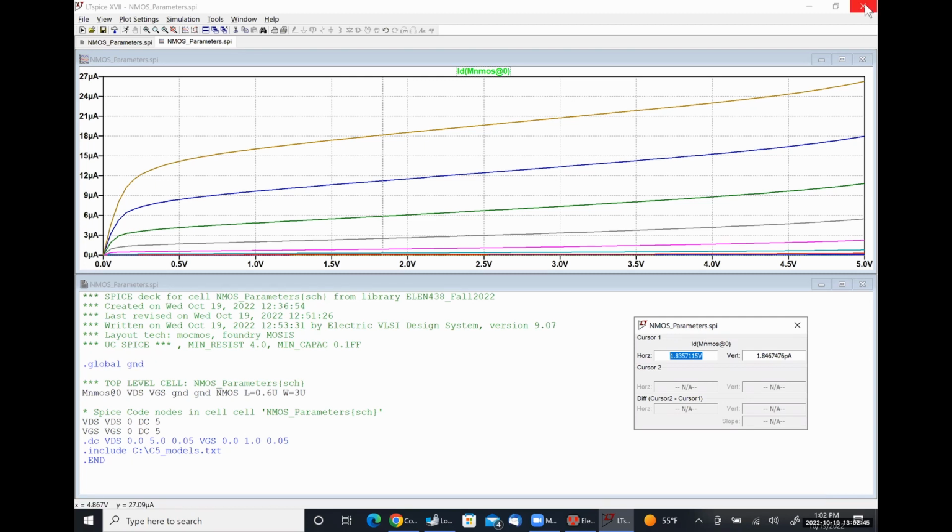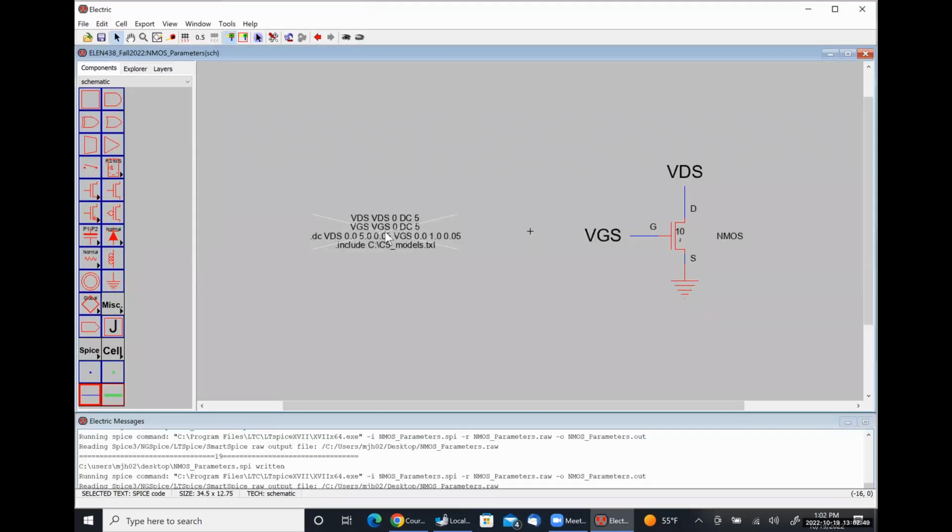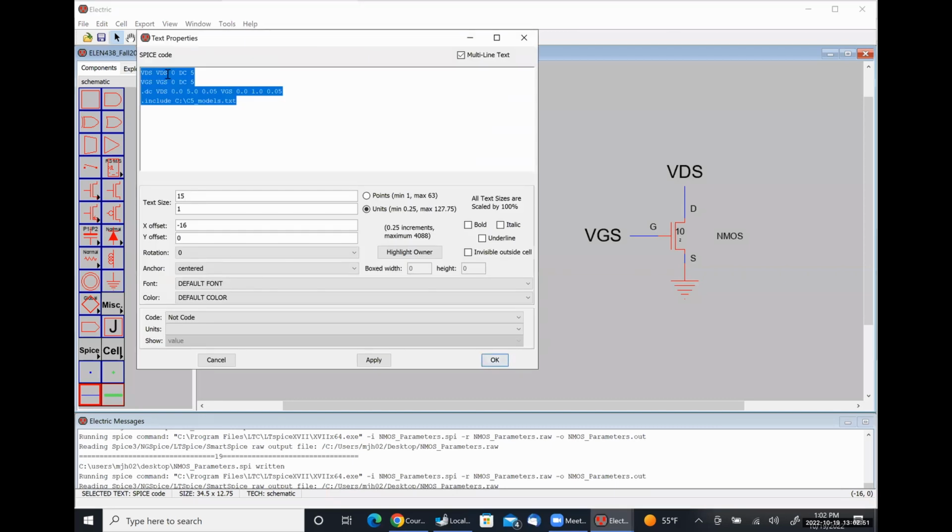So I'm going to close this again, now that we know what VTH is, and I'm going to edit my command. We're going to force VGS to be 1 volt, and we're no longer going to sweep it. So I'm just going to delete all of this text that was involved in sweeping it from 0 to 1. And if I run this simulation, now I'm going to get a single curve on my graph.